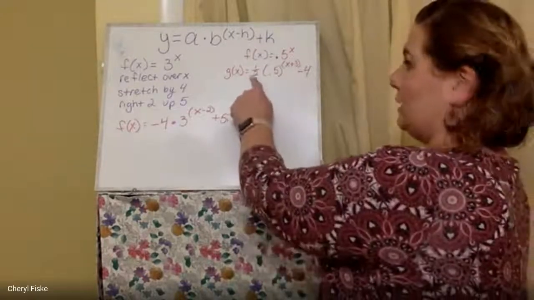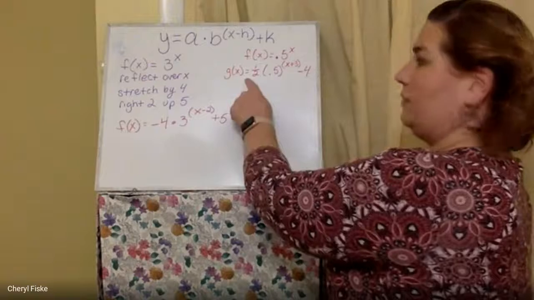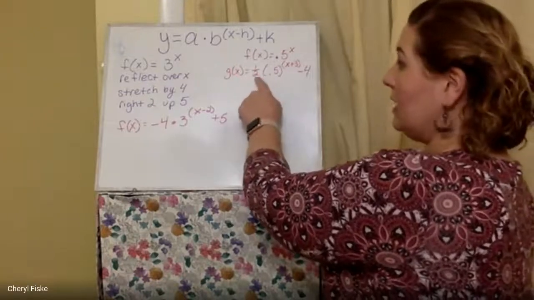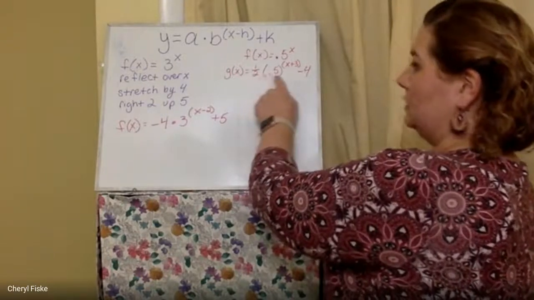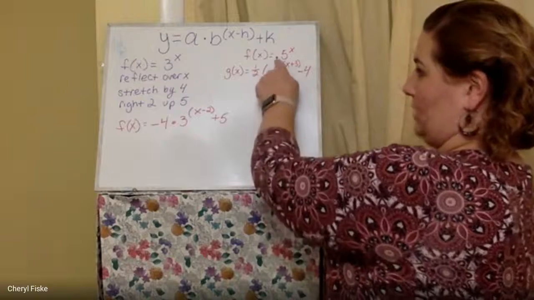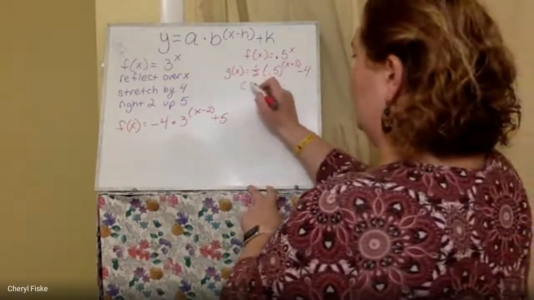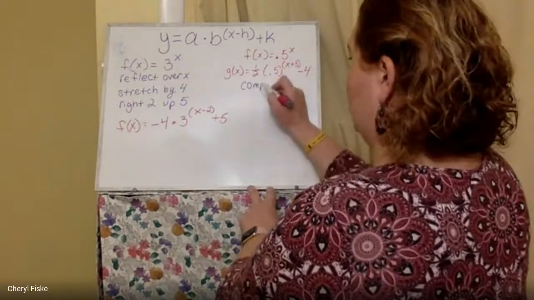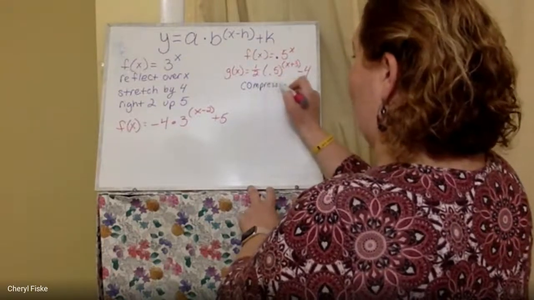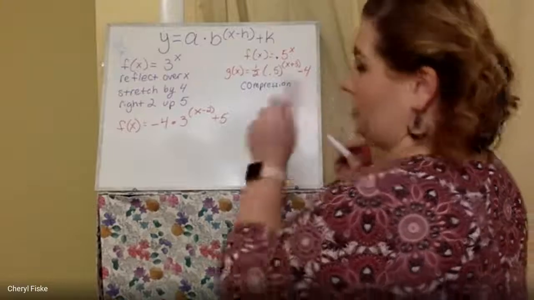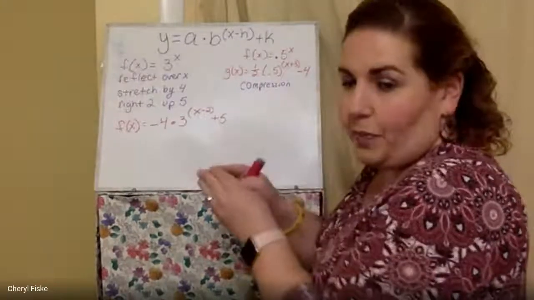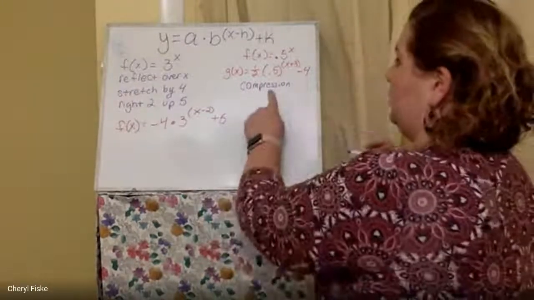So is it a reflection? Is there a negative? No. That half in the front, yes, there's a 0.5 there, but that's from that. So that half in the front means there was a compression. You could also say stretch by a half. You can't just say a stretch, remember? You could say stretch by a half, or you could just say it's a compression.